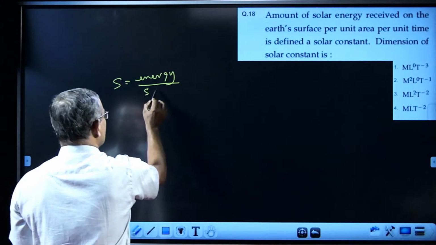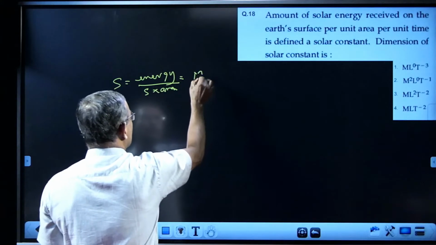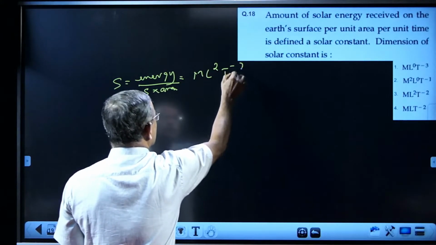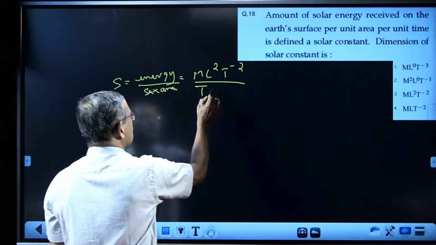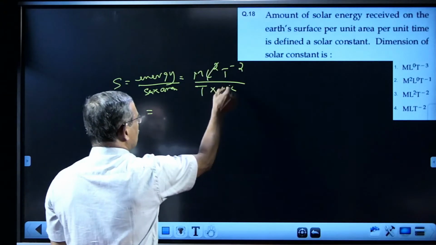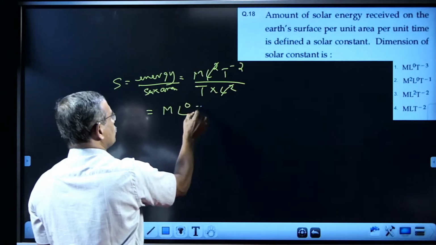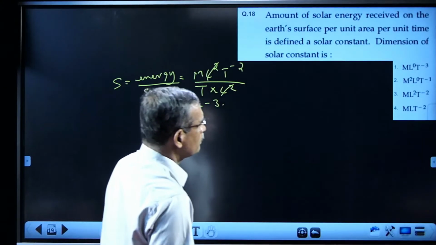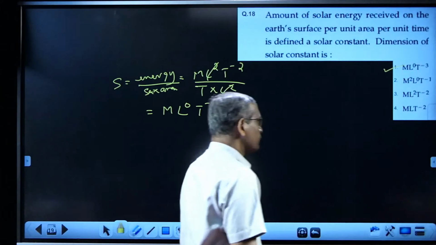Energy has dimension M L squared T to the minus 2, divided by time T, and area L squared, so the L cancels out. Taking that into the numerator, M L to the 0 T to the minus 2. The option is 1.